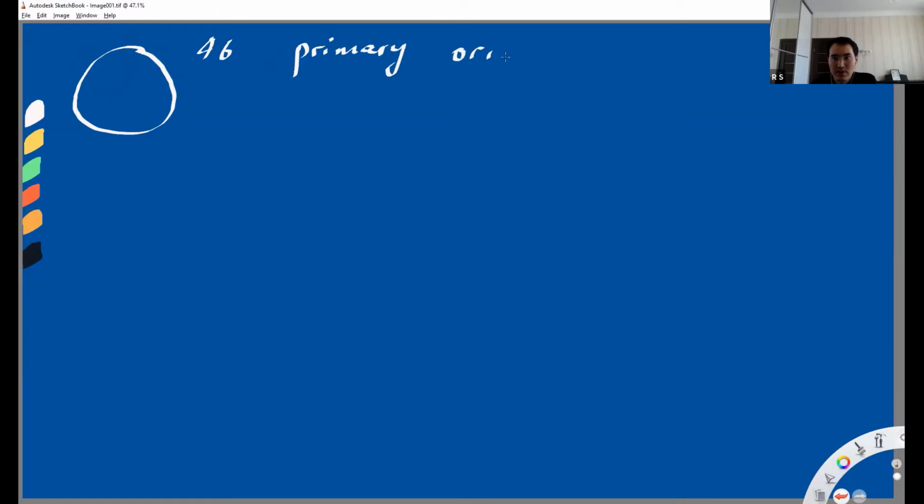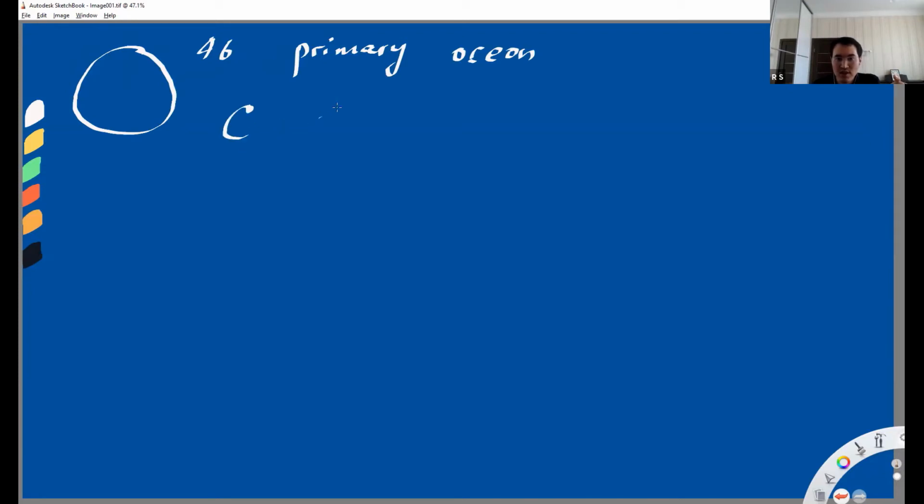Within this primary ocean, we had all these elements floating in a mix. There were not these sugar molecules or anything else. It was just a mixture of elements.